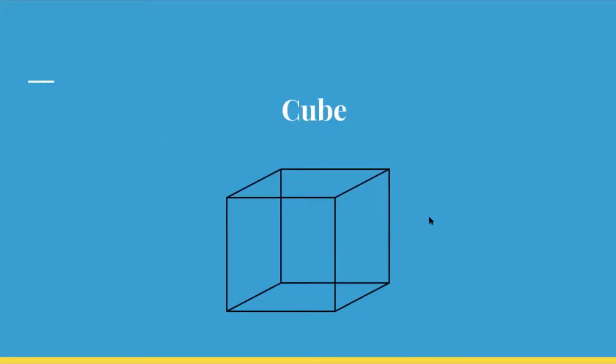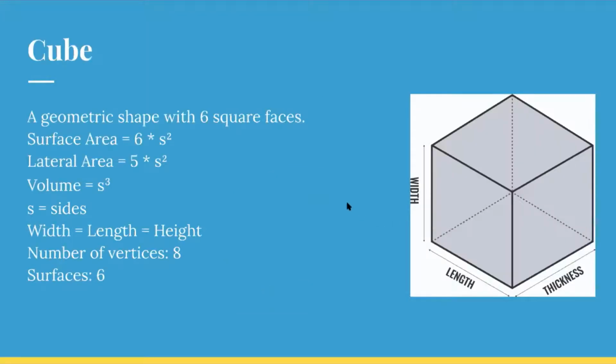Next, we have cube. A cube is a geometric shape with 6 square faces, so all the faces are squares. The surface area is 6 times s squared, the lateral area would be 4 times s squared, and the volume is s cubed.